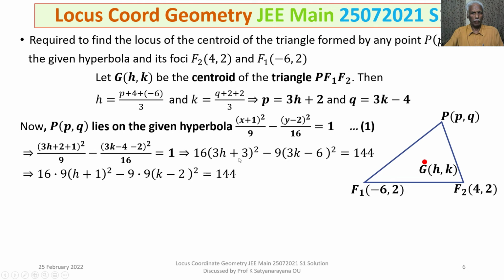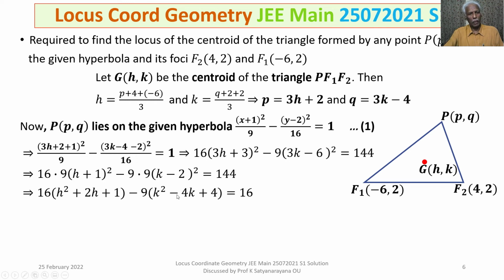So 3 taken common from the bracket and comes out as 9, and 16 times 9 into H plus 1 whole square minus 9 into 9 times K minus 2 whole square is equal to 144. Cancel off 9 on both sides. We get 16 into H plus 1 whole square, which is H square plus 2H plus 1, minus 9 into K minus 2 whole square, which is K square minus 4K plus 4, is equal to 16.